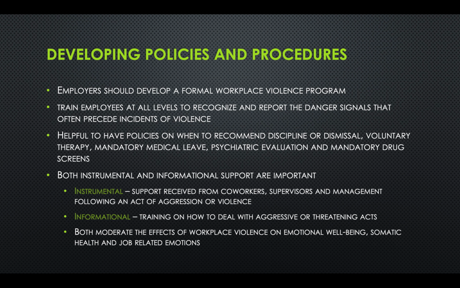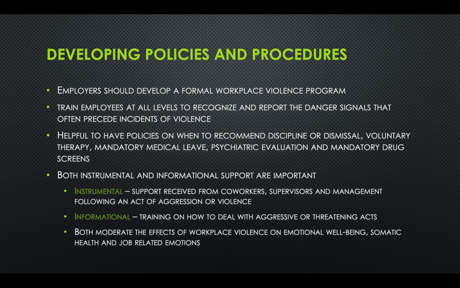In terms of developing policies and procedures, all employers should develop a formal workplace violence program, and they should train employees at all levels to recognize and report danger signs. It's helpful to have policies on when to recommend discipline, voluntary therapy, mandatory medical leave, psych evals, and mandatory drug testing.